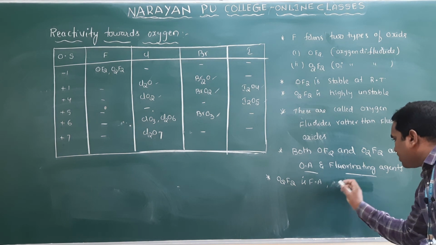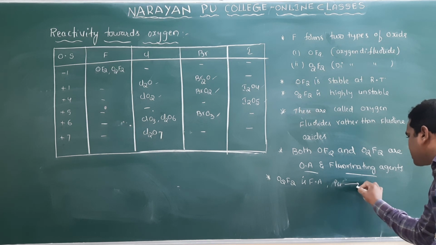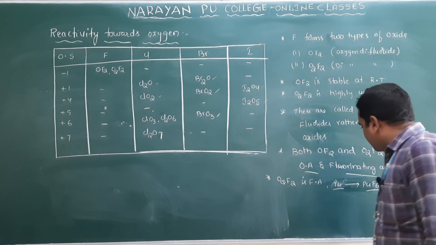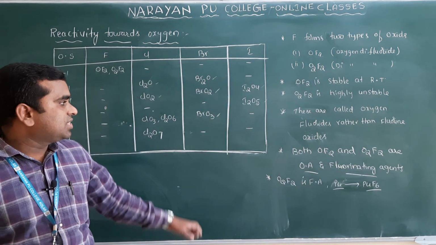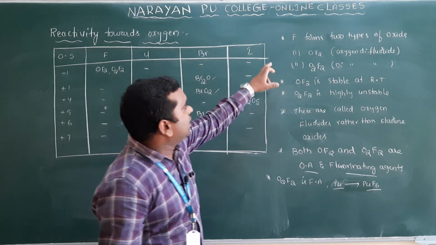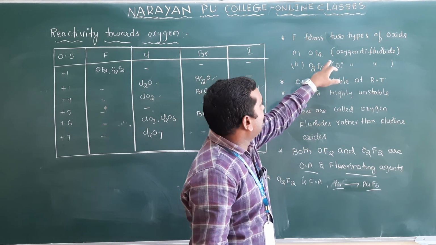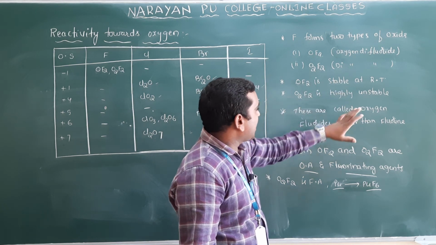It fluorinates plutonium to PuF6, converting the plutonium to plutonium hexafluoride. Fluorine forms two types of oxides: OF2 and O2F2. OF2 is stable and O2F2 is highly unstable.